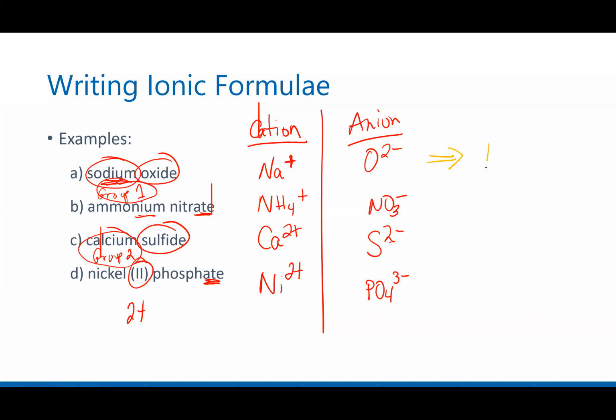So my formula here would be Na2O. 2 positives and 2 negatives, add them together, that's 0. So my compound here would be Na2O, with a subscript 2 on the Na.